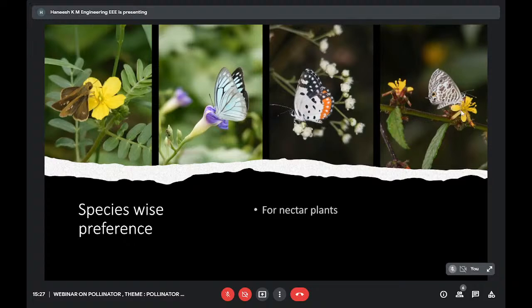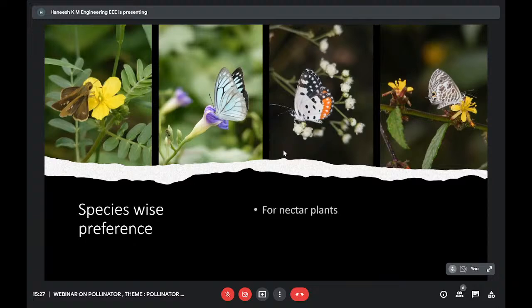There are some smaller flowers, and some butterflies with a smaller proboscis are trying to take nectar from those. So there is a species preference for the butterflies or pollinators.